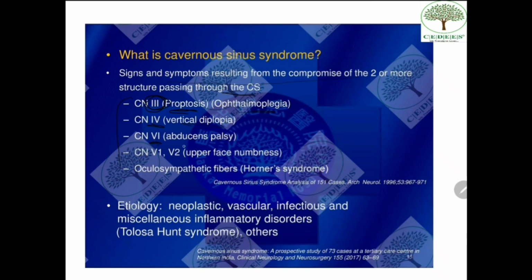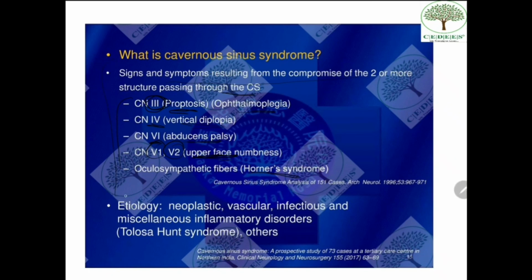Then the abducens nerve, which is most commonly damaged in any cavernous sinus involvement, will cause palsy of that particular nerve. Then you have the ophthalmic and maxillary nerves, which are sensory also and will cause upper face numbness. And Horner syndrome, which you all know is caused due to involvement of multiple nerves in the cavernous sinus.